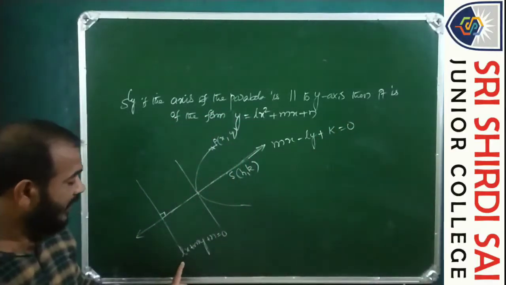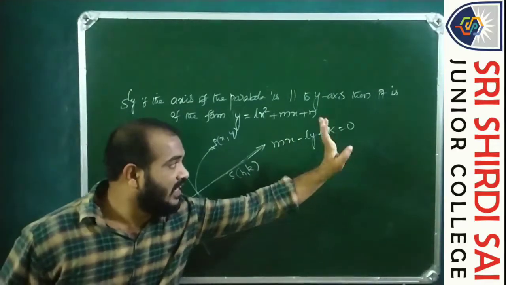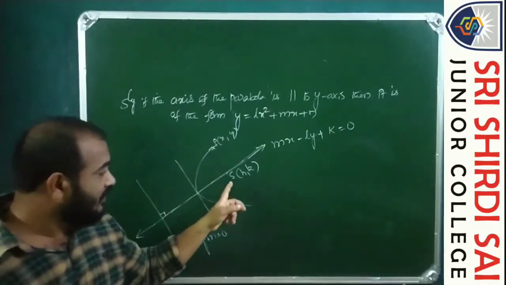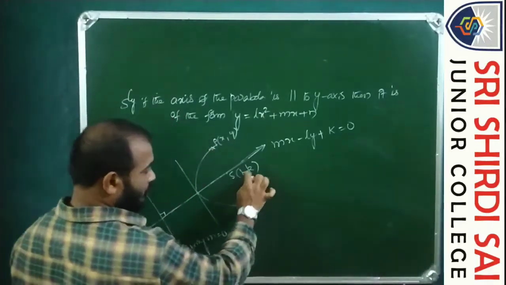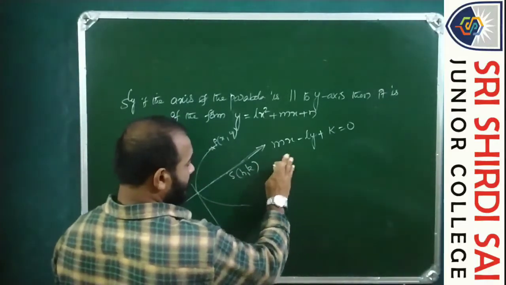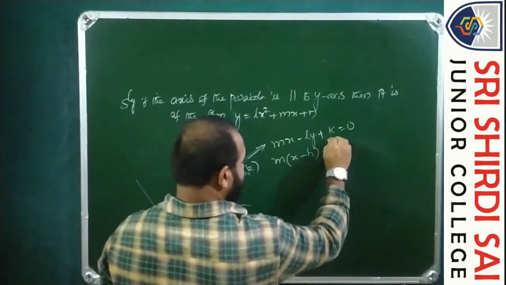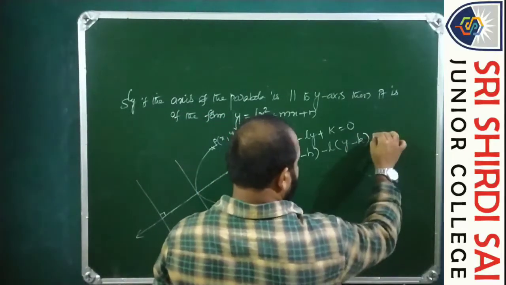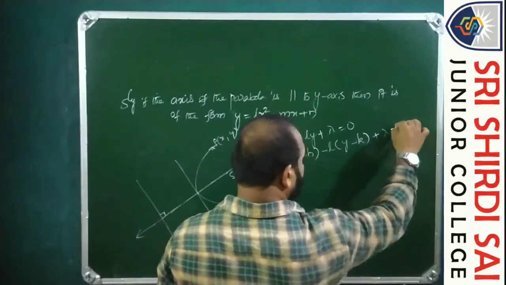What is the line perpendicular to lx plus my plus n equals 0? mx minus ly plus k equals 0, which we have discussed before in the first year. And this is passing through h comma k. So m into x minus h minus l into y minus k plus some lambda equals 0.